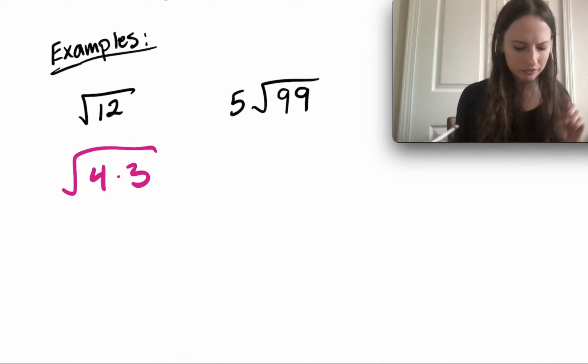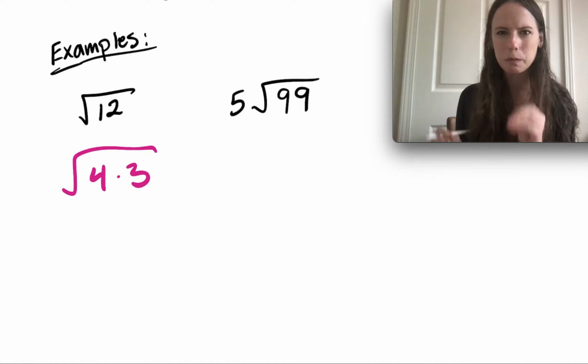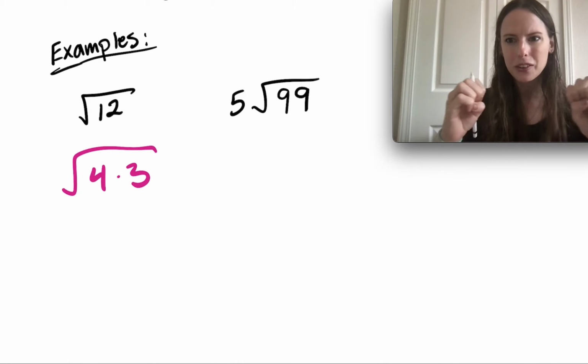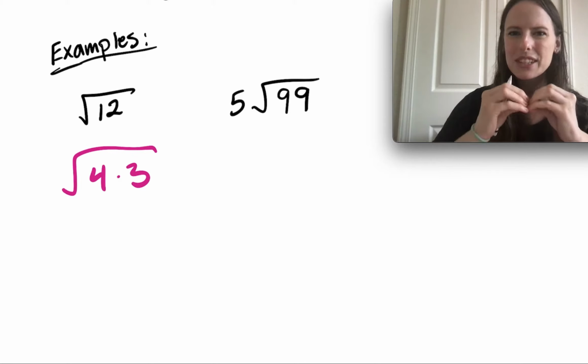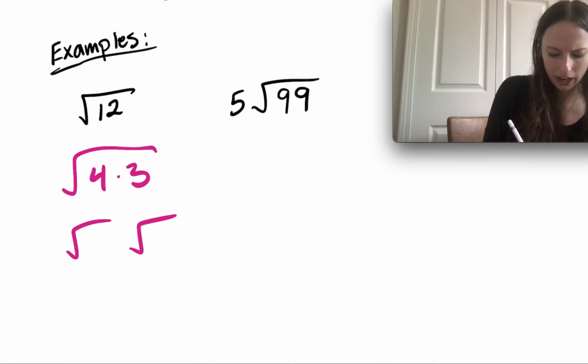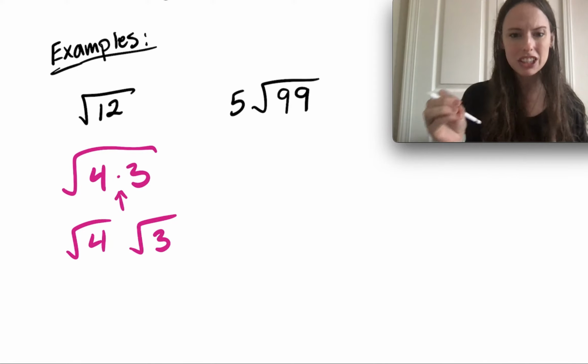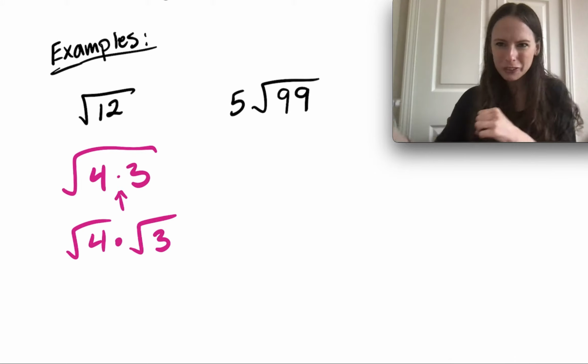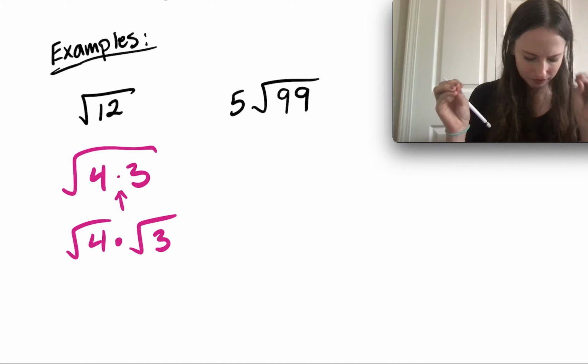They're equal. Now, here's an interesting property of radicals: when you have two things under the radical that are multiplied together, you can break that apart into two separate radicals. So this only works with multiplication and division. So we can break this up into root 4 times root 3 as two separate things.